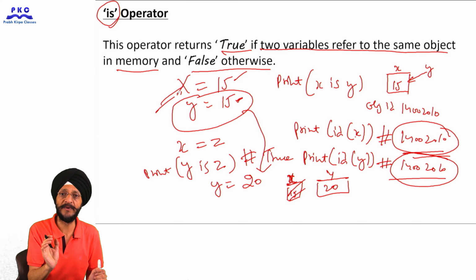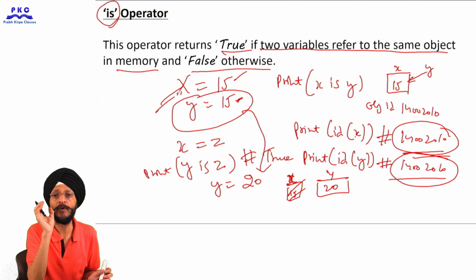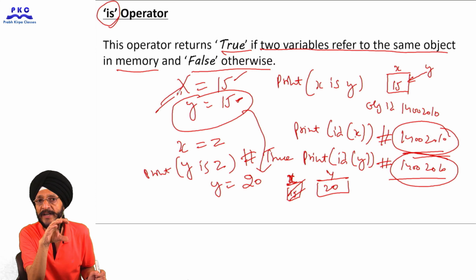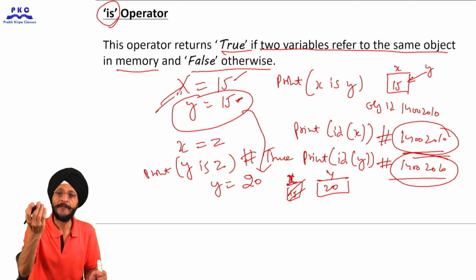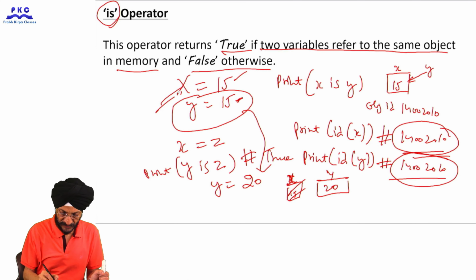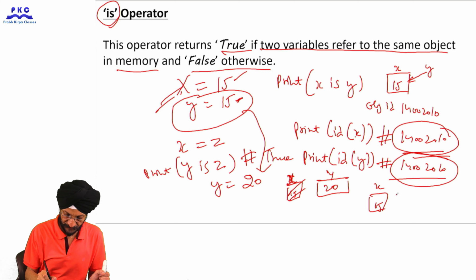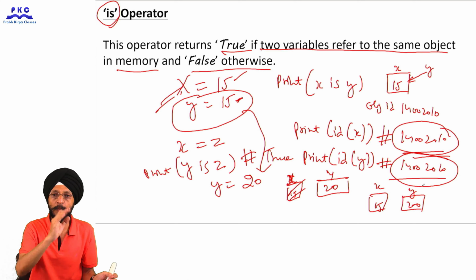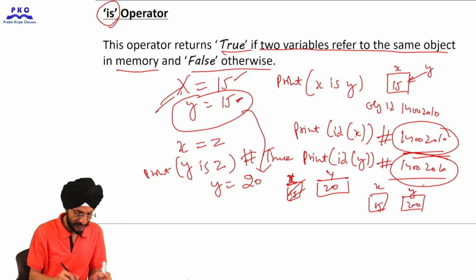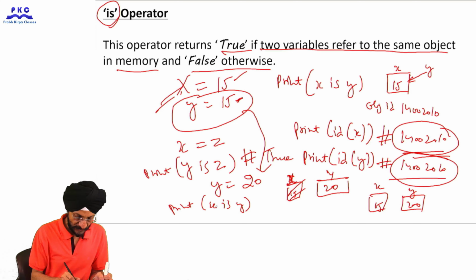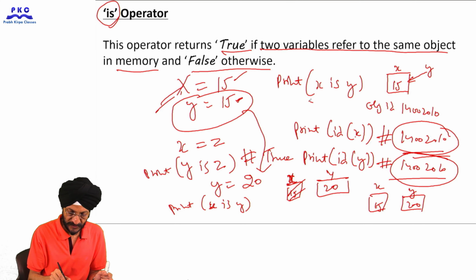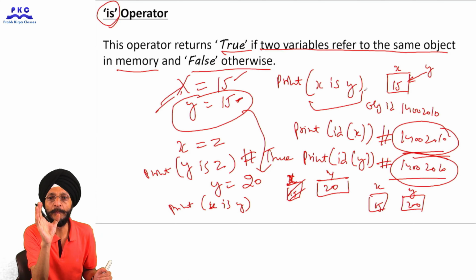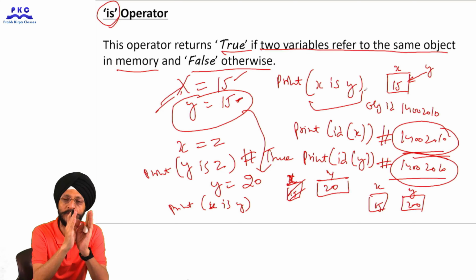Now when you change the object contained in variable y, the memory location will be different. That is, this is x with the 15 object, and y is another object, and the memory address of both x and y will be different. Now if we use print x is y, earlier the answer was true because the memory address of both x and y was same.